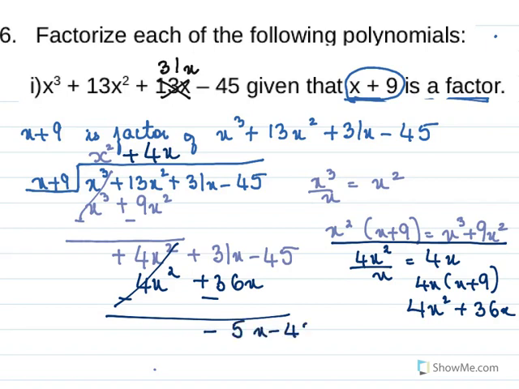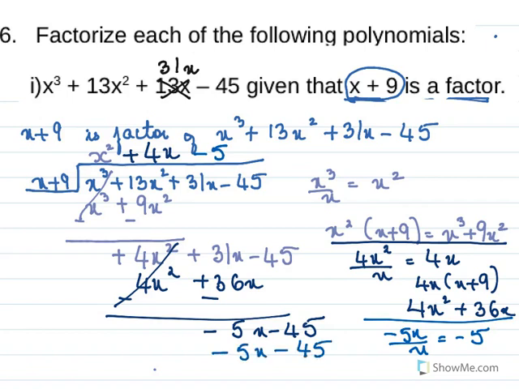So you get minus 5x minus 45. Now for the next step, again divide minus 5x and x, and it will give you minus 5. So this is minus 5. Minus 5 when you multiply, you will get minus 5x minus 45.